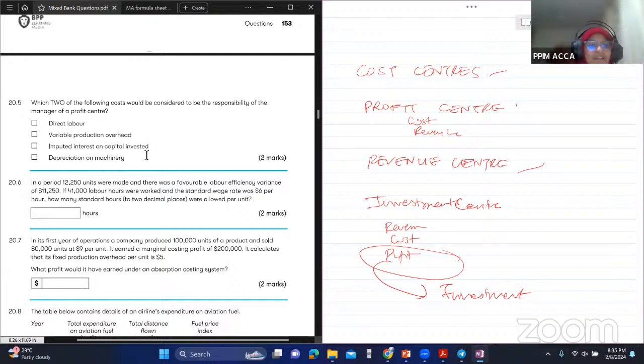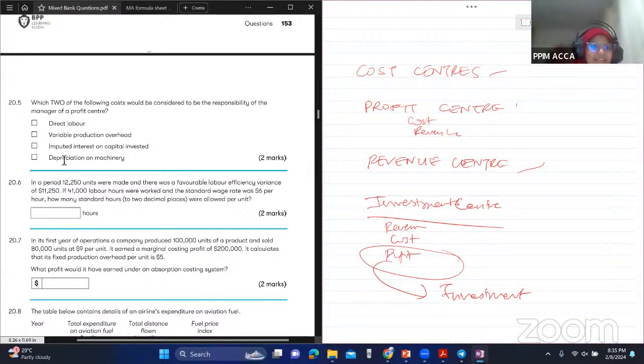Imputed interest on capital invested. So any investment, a profit center manager doesn't have to be responsible. That is the responsibility of investment center managers. And depreciation also, this manager doesn't have the liberty to use the profit and invest it anywhere. He can't buy machines if he wants or anything. Those kind of things, he has to get approval.